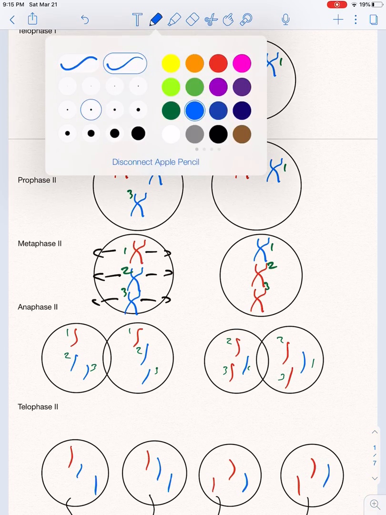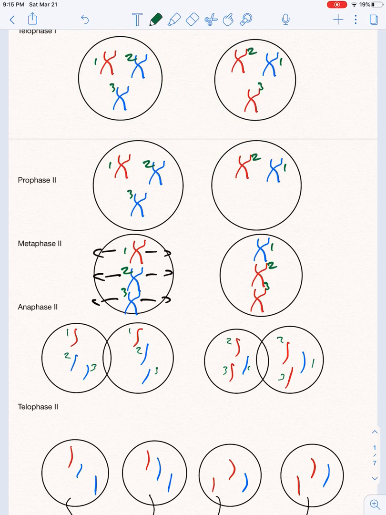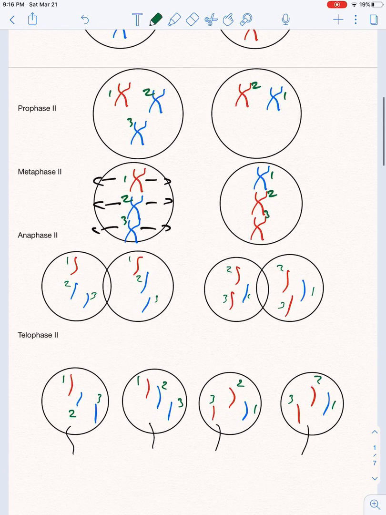And if we number these up, we're going to see we got a 1, a 2, and a 3, in each of the four cells. So each of those reproductive cells ended up with 3 chromosomes. They all have the same alleles. Okay, same characteristics, but obviously they're going to be a little bit different.